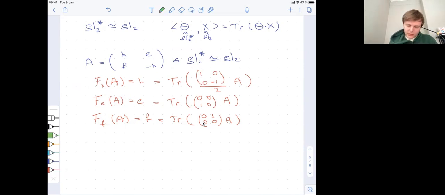Moreover, you can see that actually the differentials of these maps are linear, so the differentials coincide with the matrices I wrote here.